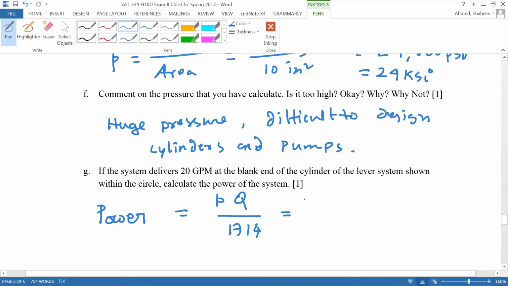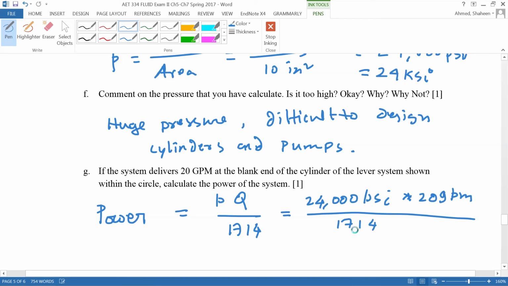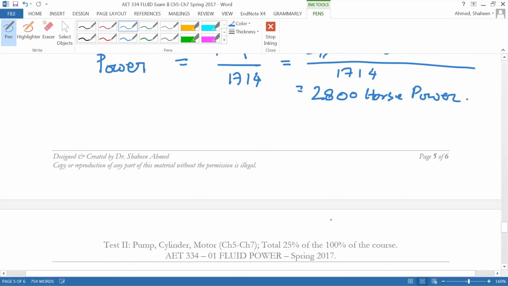So that would be 24,000 psi times 20 gallons per minute divided by 1714. That is 2800 horsepower, which is a ridiculously high, powerful system.